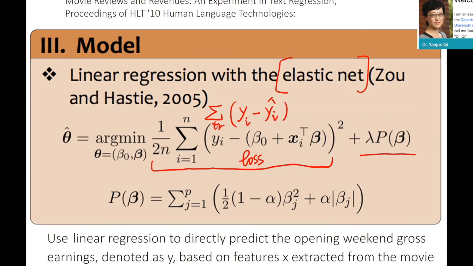We normally call this the penalty function because it penalizes the size of the beta weight vector. The whole effect is shrinkage: it shrinks beta so it is not too large. Specifically, P of beta is a summation of the L2 norm and L1 norm of the beta vector.